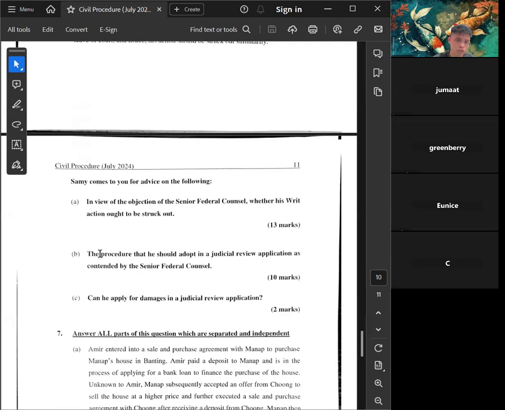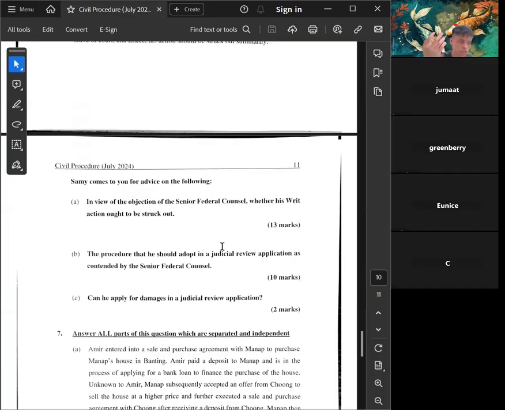The procedure that he should adopt in the judicial review application, as contended by the senior federal counsel. You have to go to Order 53, Rule 3, and Rule 2. Order 53, Rule 3 covers how to apply for leave of court.